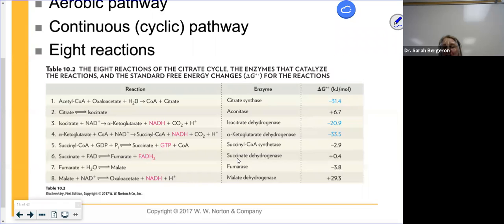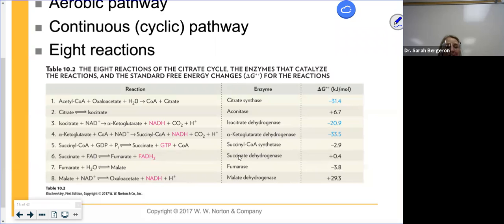So look at the next reaction. What are we doing? Succinate dehydrogenase. So then I know I'm going to have an energy carrying molecule. In this case, it's FAD going to FADH2. So what do you notice about these dehydrogenase reactions? Each one of them, we're making an energy carrying molecule, right?